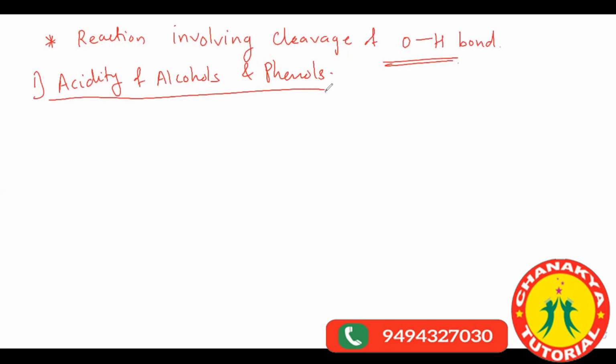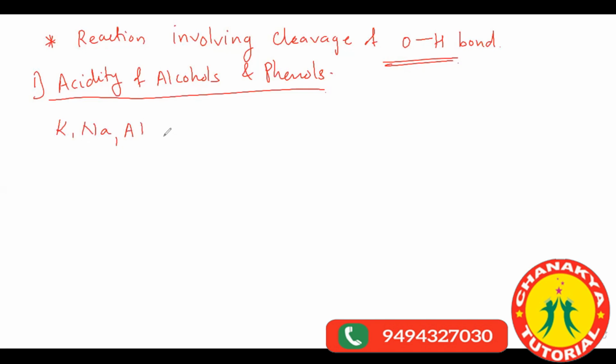Whenever reaction with metals happens, that time acidity of alcohols and phenols plays a very important role. Alcohols and phenols react with the active metals such as potassium, sodium, and then aluminium. These are the active metals, right?